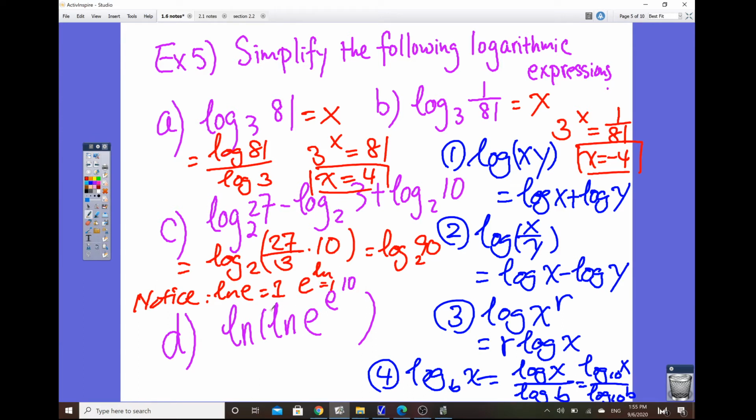So we can just cancel here, natural log of e is just 1. What we're left with is the power, which we can always bring to the front. So what we got right here is natural log of e to the power of 10. Again, natural log of e is 1, and the power we can bring to the front. So the result is 10 times 1, which is 10.